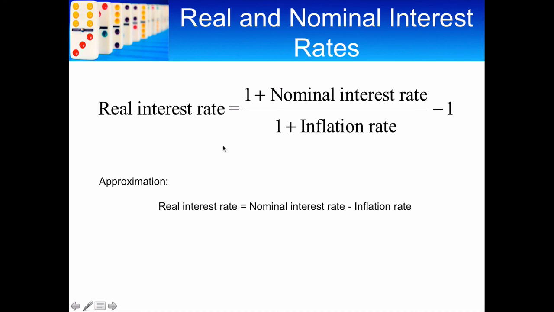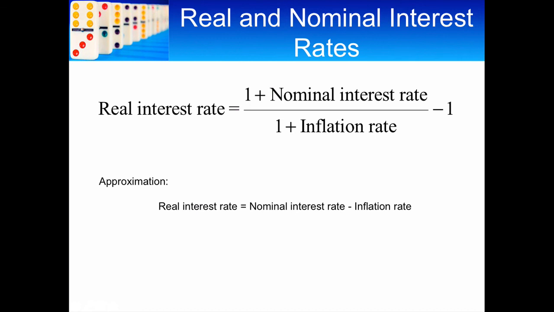And there is an approximation to this formula. It's only for when you're doing back of the envelope type analysis. If you've got a spreadsheet program, you should always use the exact formula, the one at the top there. But the approximation is that the real interest rate is equal to the nominal interest rate minus the inflation rate.